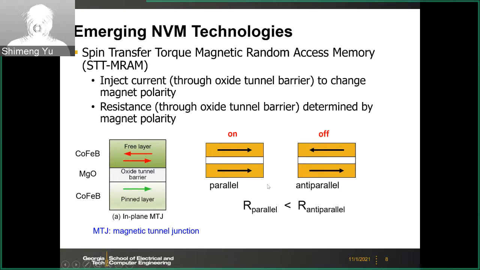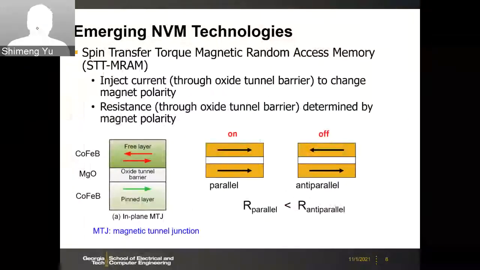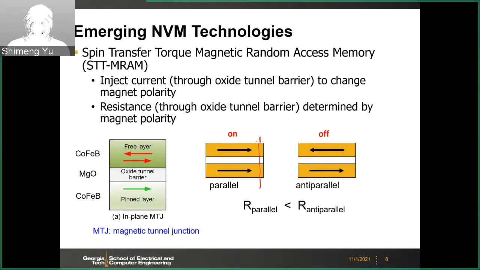So here the property is that if you have the parallel state, the resistance across this stack... Okay, so if you pass current through this stack, and then you can measure the resistance. If you apply voltage and then you measure the current through the stack, then you can calculate the resistance.